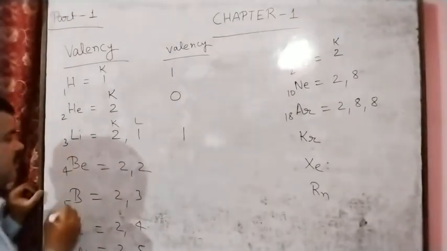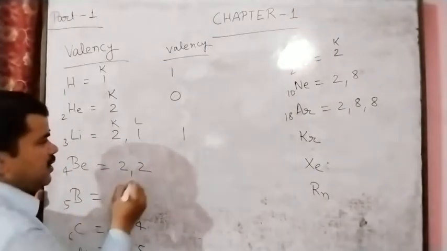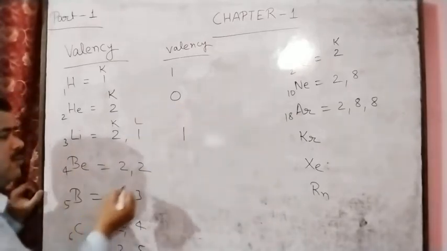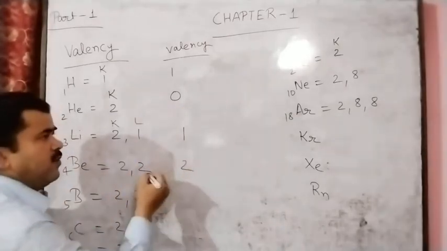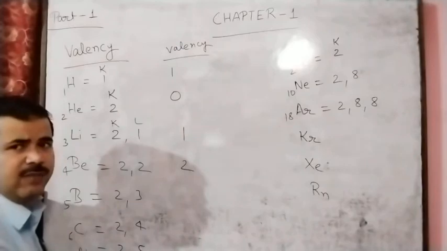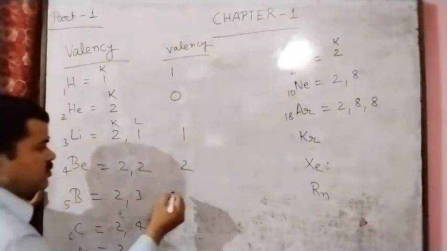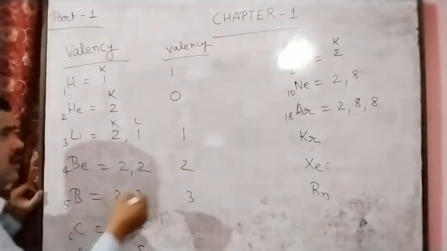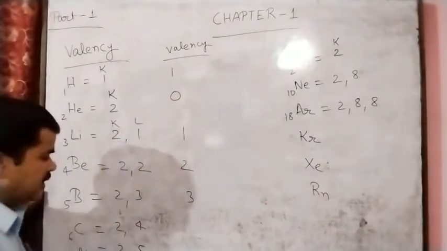Beryllium is also nearest to helium, and will lose 2 electrons to acquire the helium configuration. Boron will lose 3 electrons to acquire the helium electronic configuration.